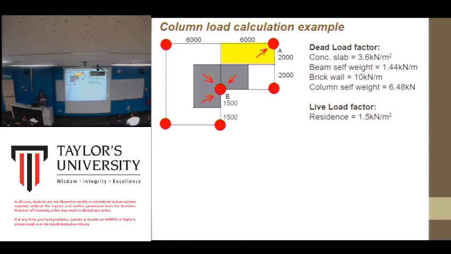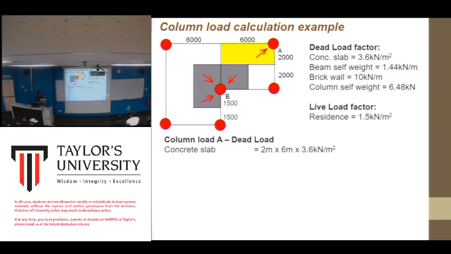So if let's say you want to know the column load for column A, first you calculate the dead load for column A. So first the concrete slab. This is column A. So the concrete slab is just the yellow part here, even though the whole slab is this.